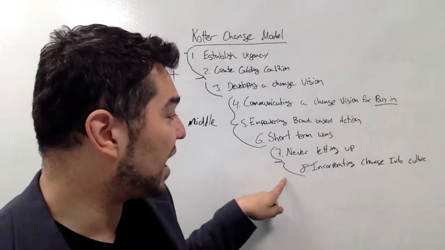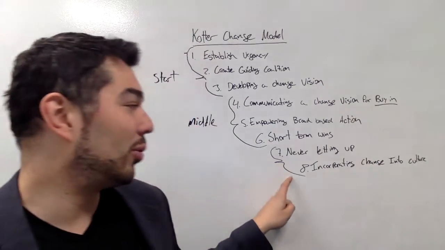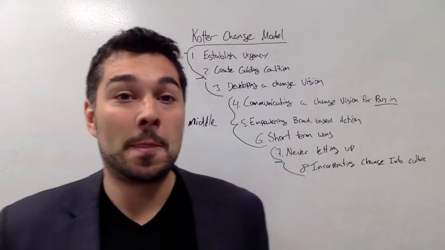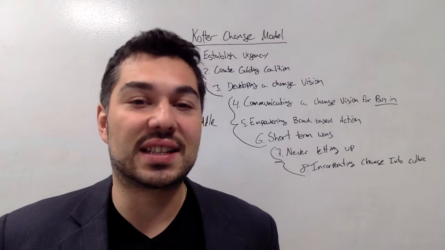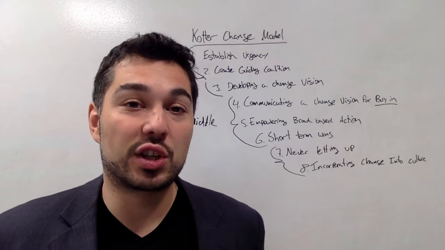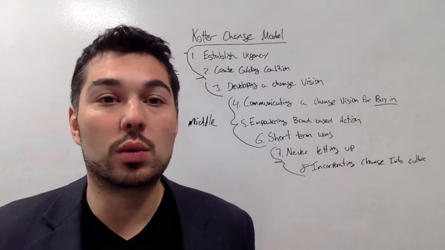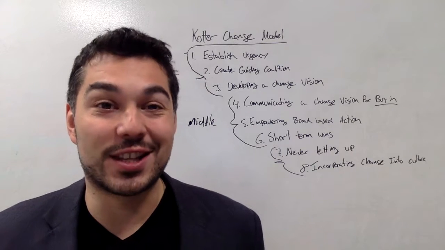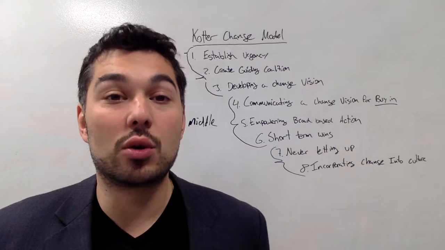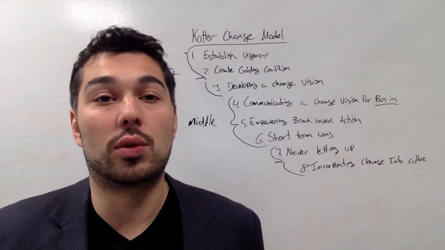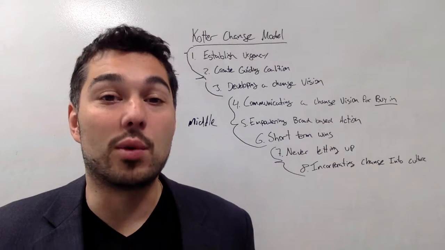And the final step as part of this model is incorporating change into culture. Once you've effectively established change, established the fact that we can do this, we can change as an organization, change isn't that hard, then it makes it way easier to continue those behaviors and continue those values of change moving forward.